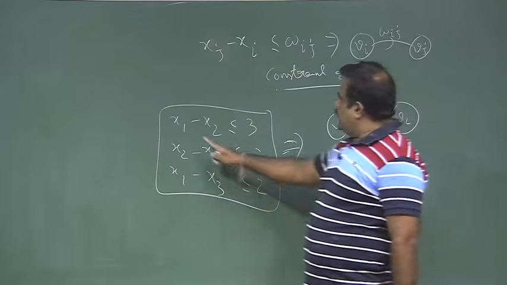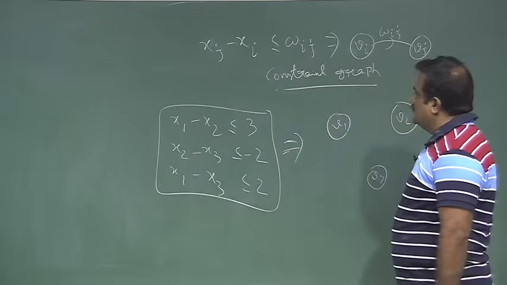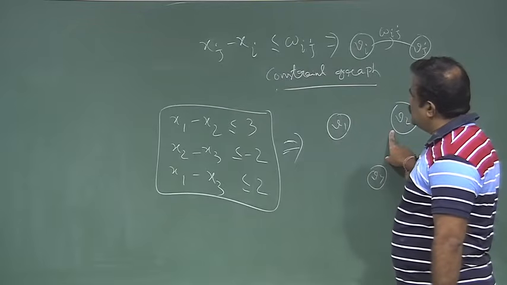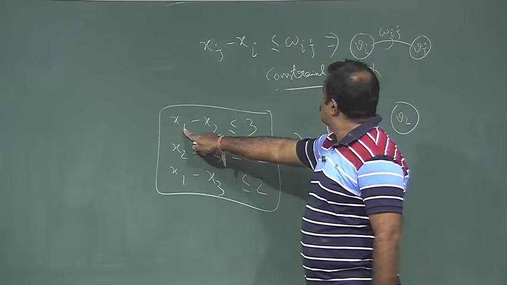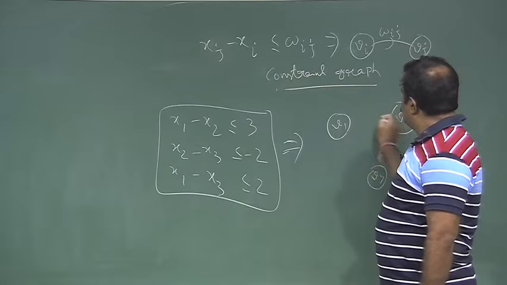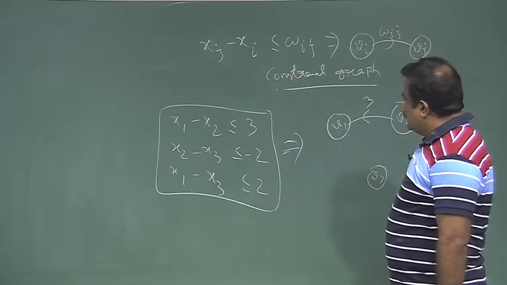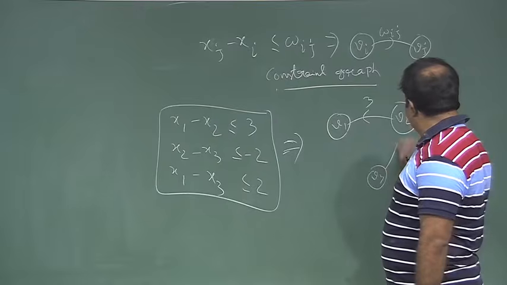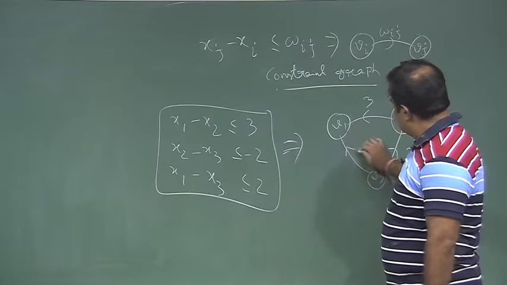So, we have x1 minus x2 less than or equal to 3. That means this is x1, and wij, so this is basically x2 to x1 with weight 3, and then x3 to x2 we have minus 2, and then x3 to x1 we have plus 2.